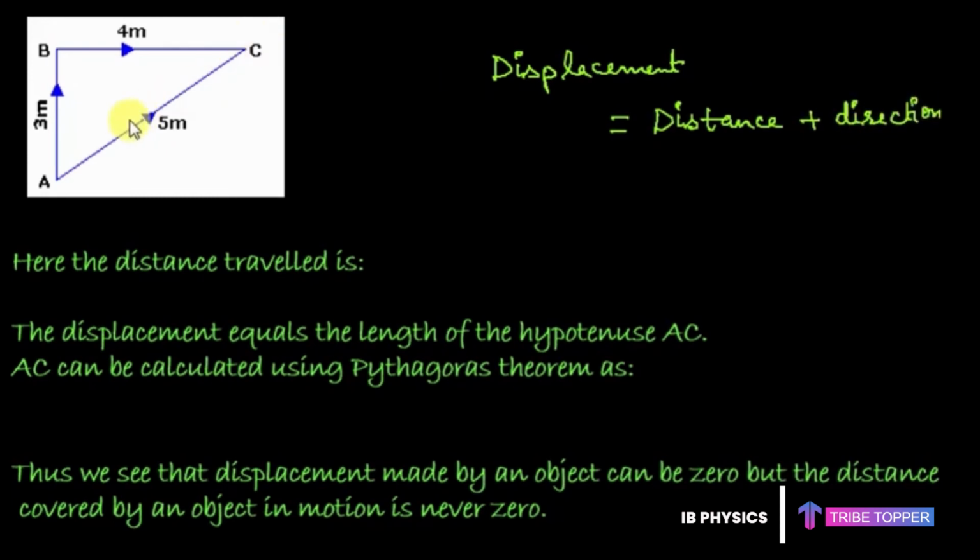So here this direction of this arrow matters. If you will take the point C, so if you come back from C to A, then your displacement is not going to be 5, it's going to be 0, because the arrow which is pointing here in the given case, it is just opposite to the one if you come back to A. So the direction matters in case of displacement.